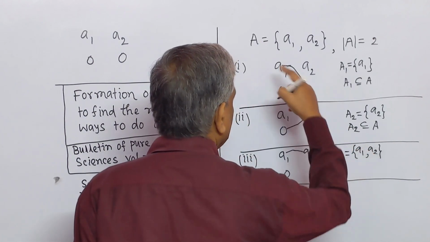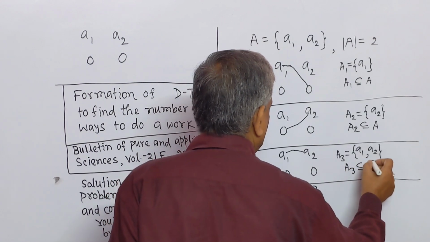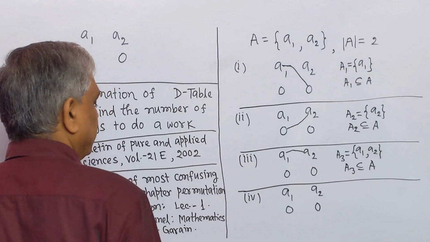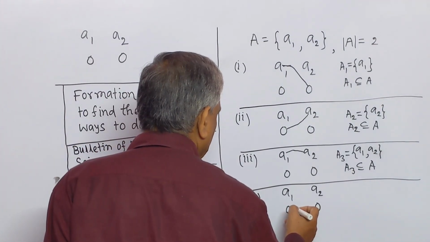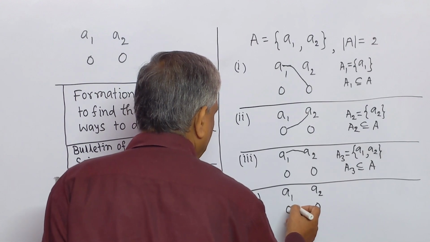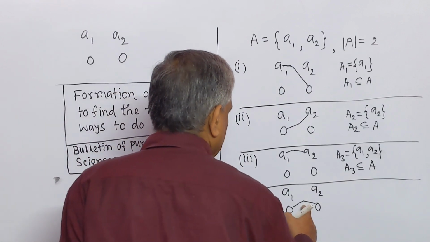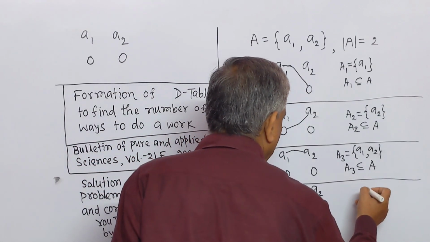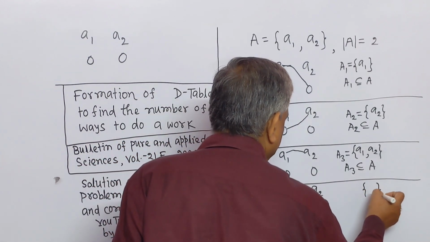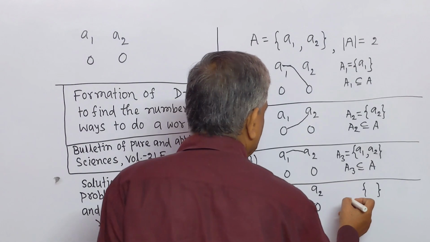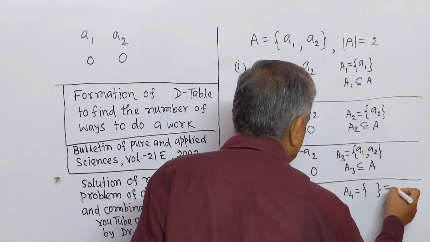Since A3 is a subset of A. Next, let a curve pass through 0 of the first column and 0 of the second column. This curve represents no element of the first column and no element of the second column. Let this set be A4. This set is called the empty set.